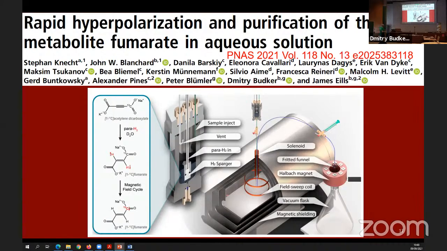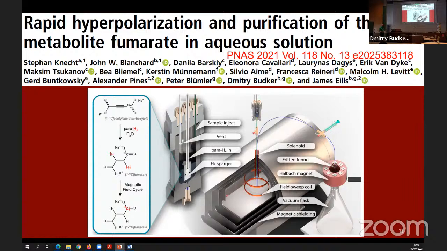Gas is injected here and interacts with the liquid sample. And then it's pushed into this region here inside the magnetic shield. And then there is a cycle that involves rapid and adiabatic changes in the magnetic field, and that transfers your polarization to C13.